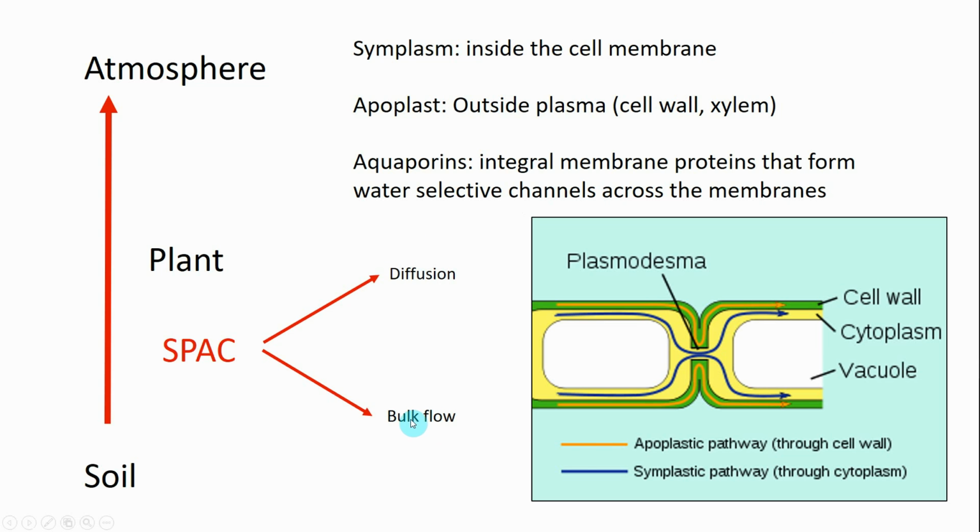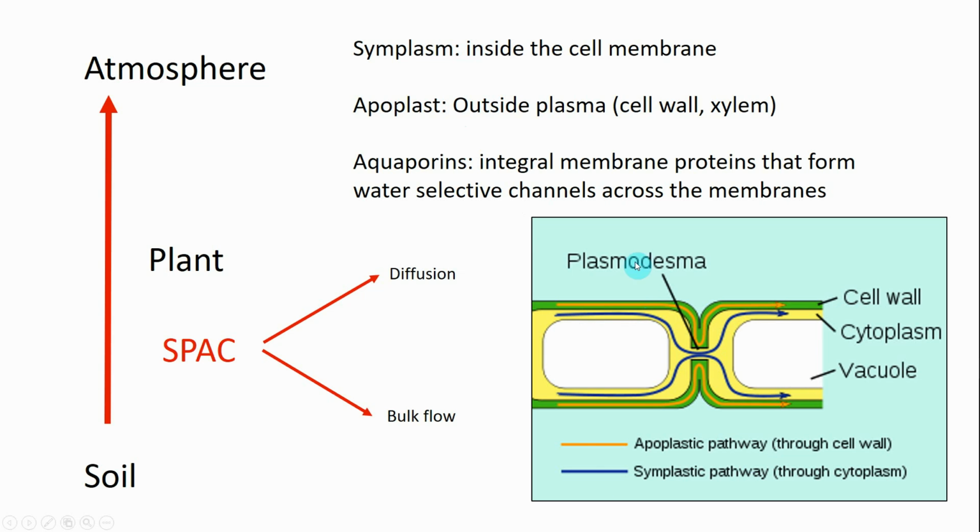So we're starting off with understanding that it means soil plant atmospheric continuum, and diffusion or osmosis, and bulk flow. Let's stay with osmosis for a moment. We're just getting some terminology out of the way. Remember, we discussed in the beginning video that water can move via two ways within the cell: symplastic or apoplastic. Symplastic is inside the cell membranes and apoplastic is outside, in the cell walls or towards the xylem.